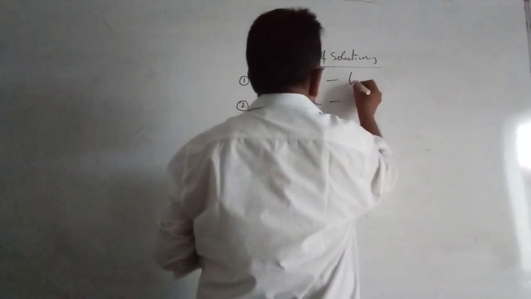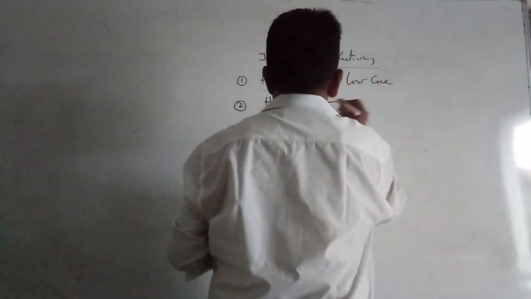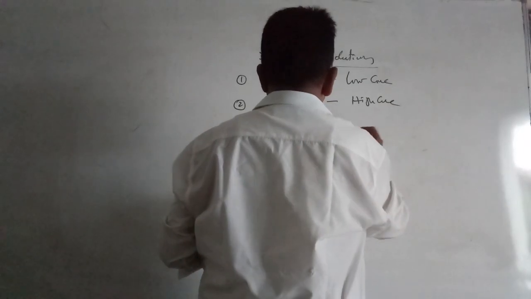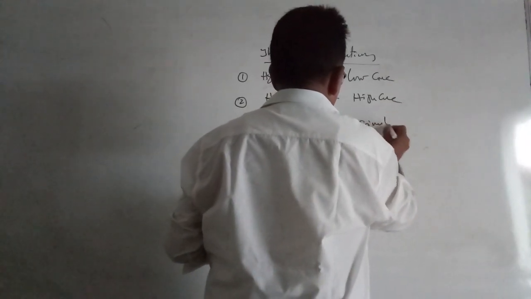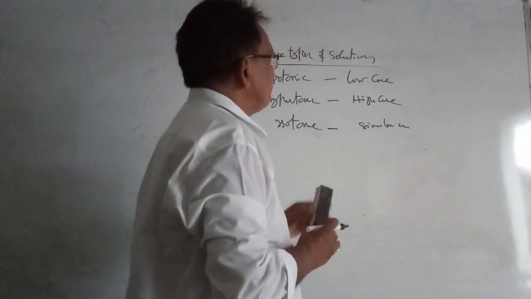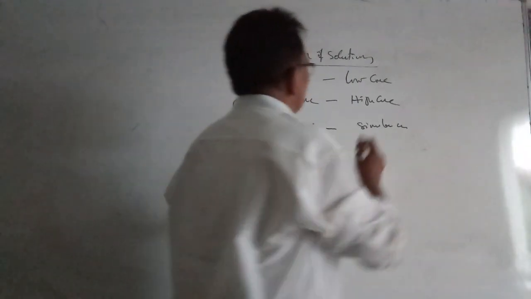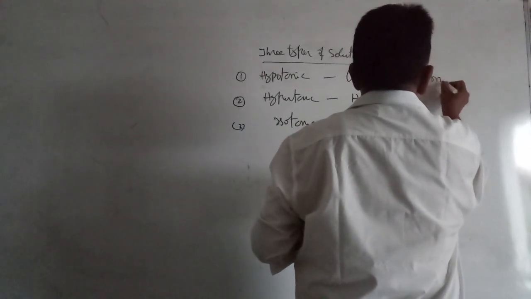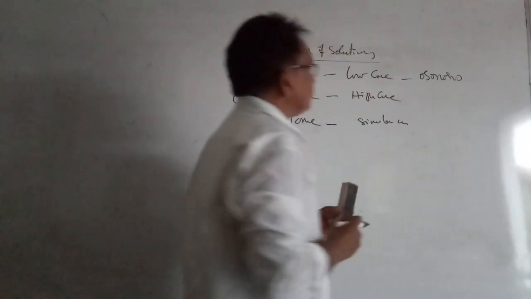A solution of low concentration is hypotonic. A solution of high concentration is hypertonic. A solution of similar concentration is isotonic. If we place a cell in hypotonic solution, we come across a phenomenon called osmosis.